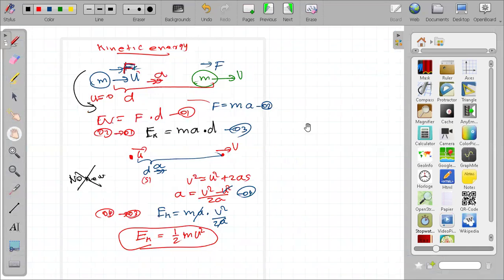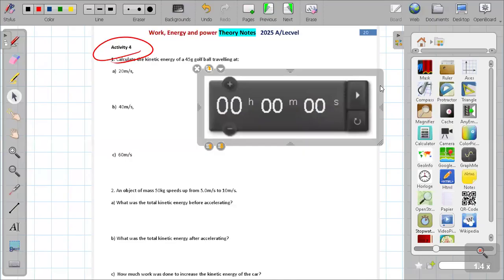Technically the derivation is no need. I think your time allocated is over.